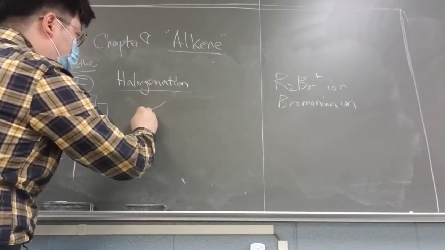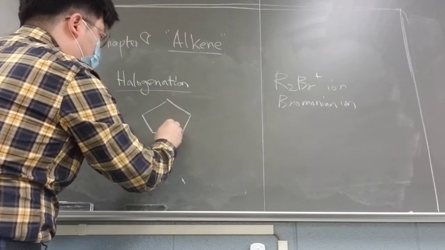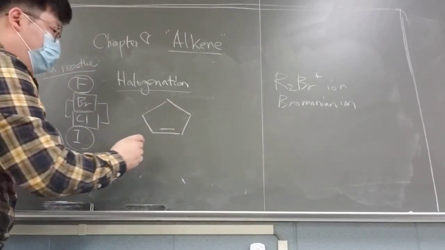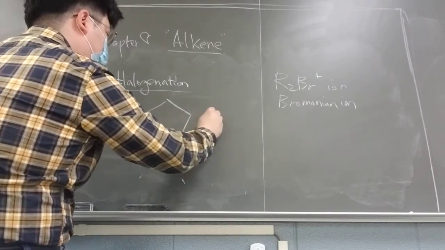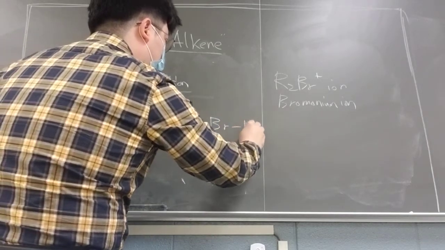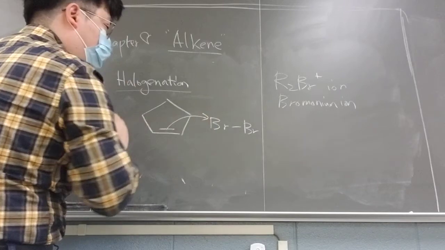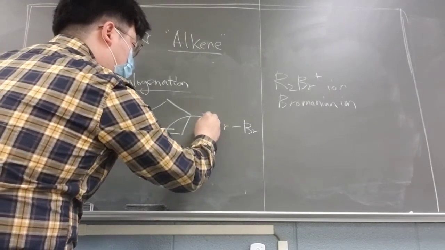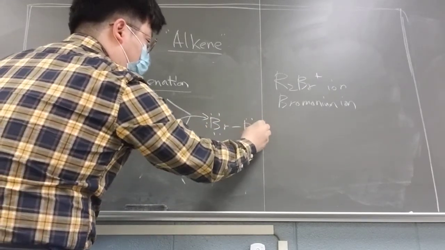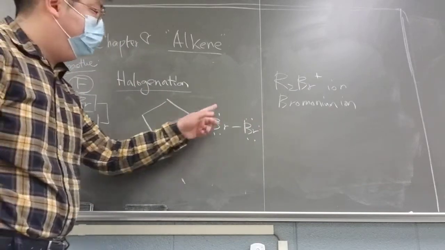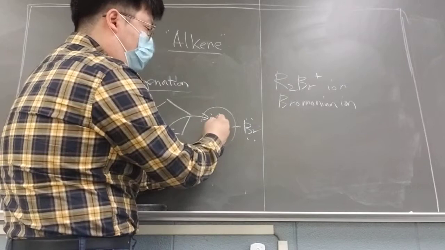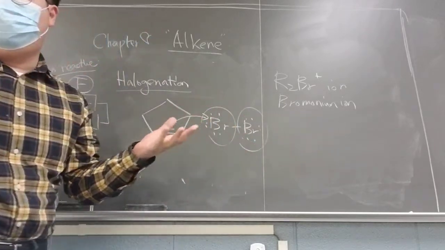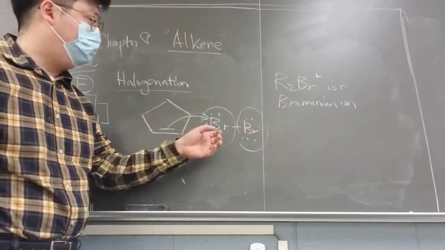If you have cyclopentene over here, what happens to this one is they attack this one here, and as you know, I didn't show you, but it should have 3 lone pairs on each, because bromine, all halogens, are in group 7. It should have 7 available valence electrons around it.